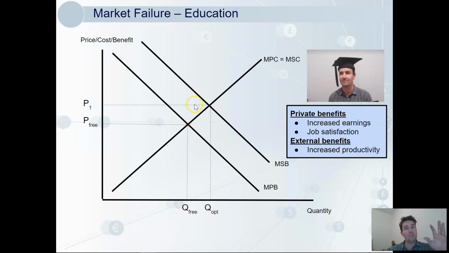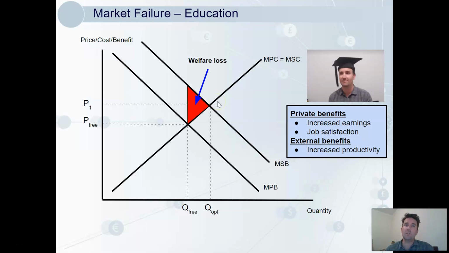That means there's all this extra benefit we are not maximizing. If we want to maximize benefit to society, we should be consuming these units of education. So this area here represents the welfare loss to society. It's the potential benefits that we are not enjoying by only consuming education at Q3 and not at Q opt.